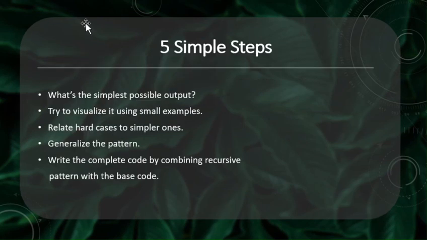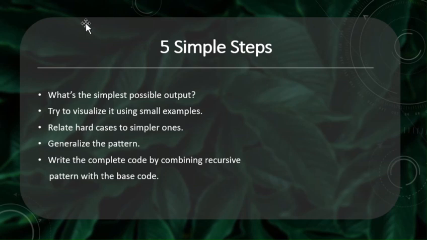So now, let's talk about how we can solve a recursive problem. It can be a little tricky sometimes to implement the logic to create a recursive function, right? But it can be simplified by using these 5 steps.